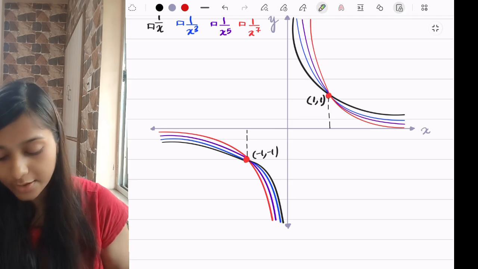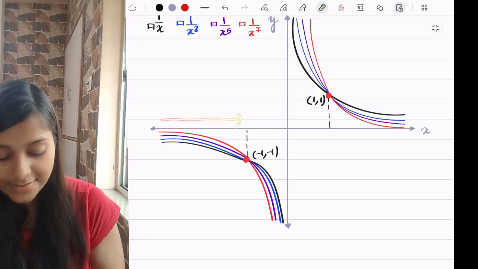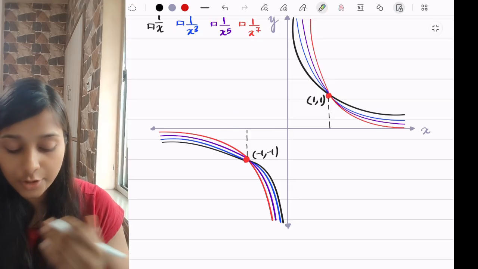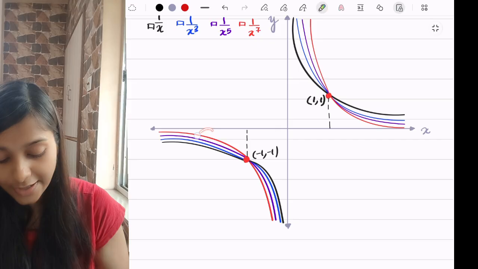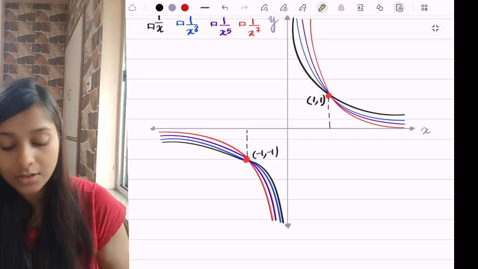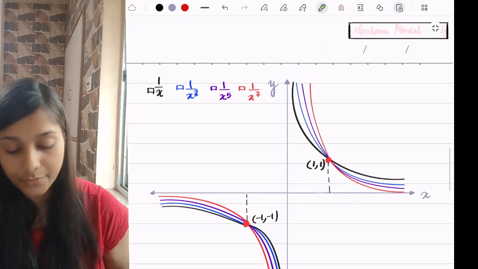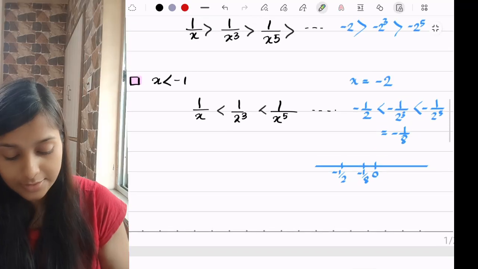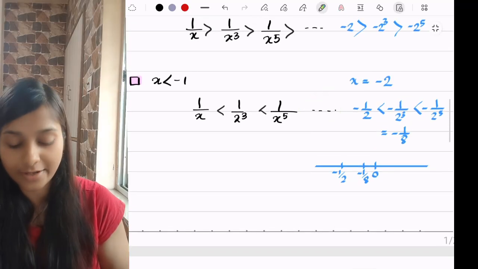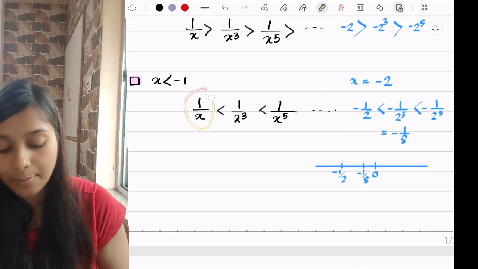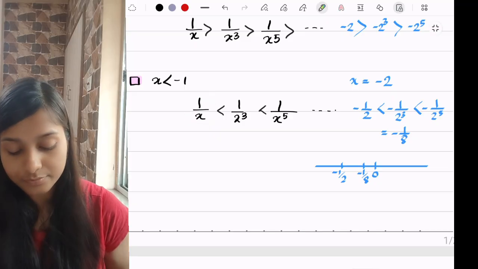And the opposite one holds in the interval minus infinity to minus 1. Here, the red curve is at the top and the black curve is at the bottom. So again, the red curve, which should be somewhere here, is at the top and the black curve is at the bottom.